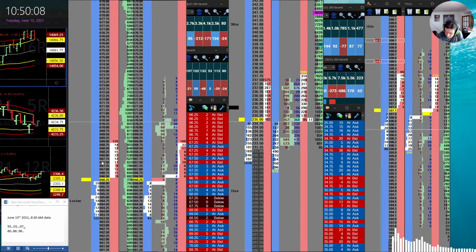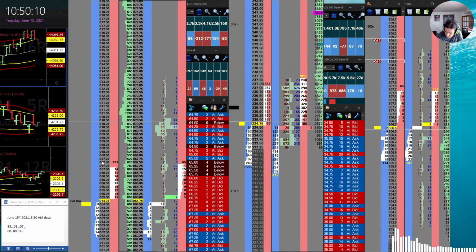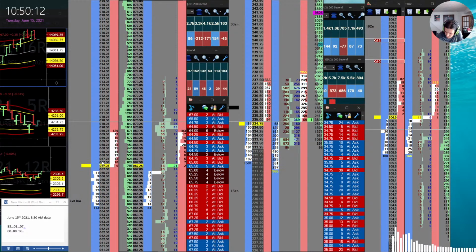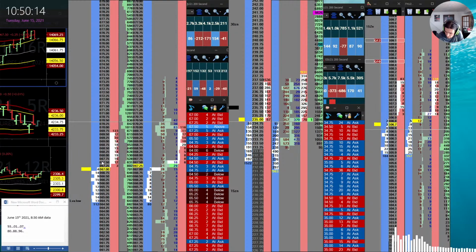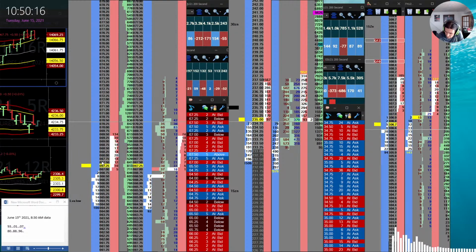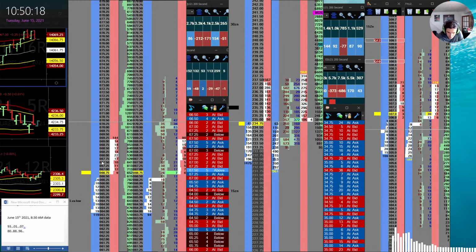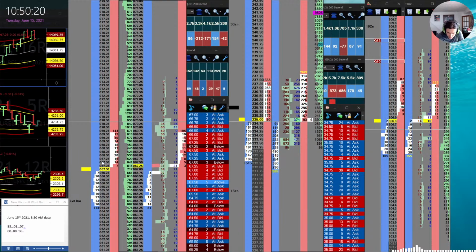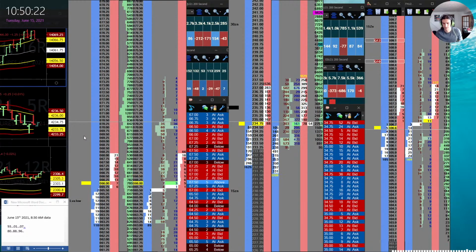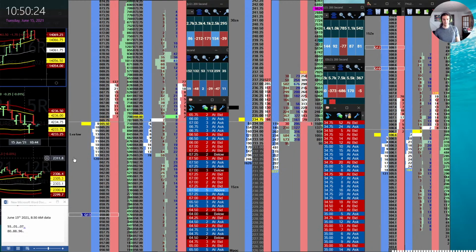Russell moving up here. Q swept him down to the 64. Bid him 67. Liquidity pool down at 54.